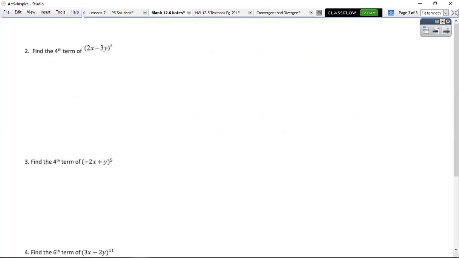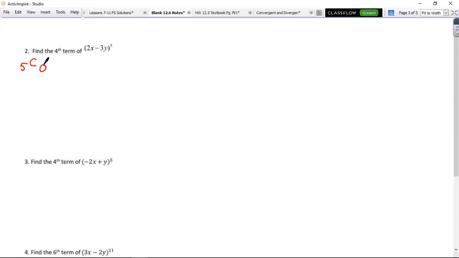So I only need the 4th term for this example. So what I recommend you do so you don't need to memorize anything is we just write out the combinations to figure out what is the setup going to be. So I have an exponent of 5. That means that my first term would start as 5 choose 0.